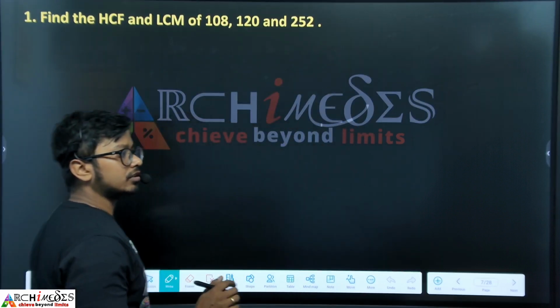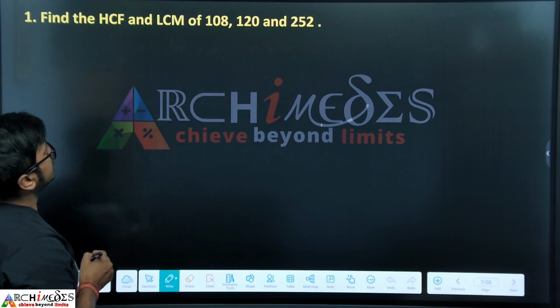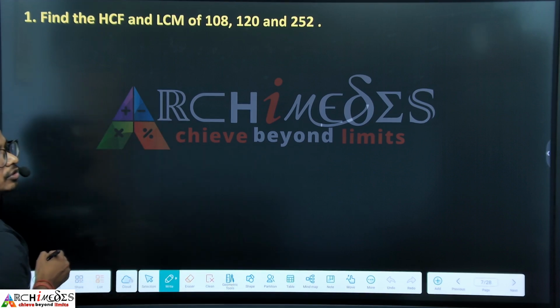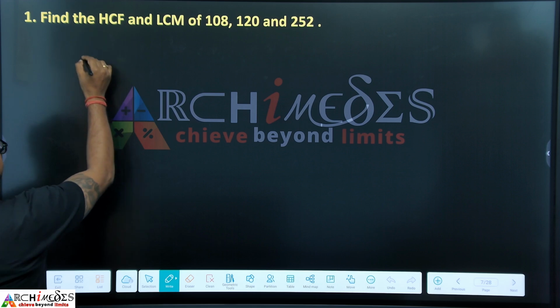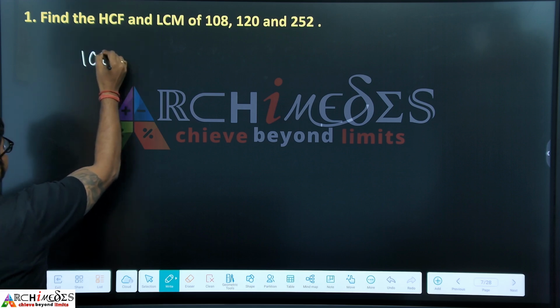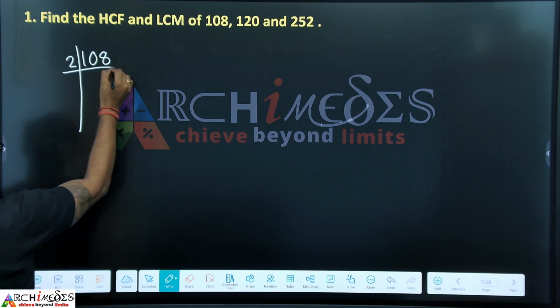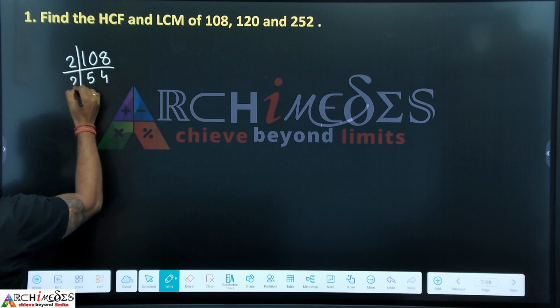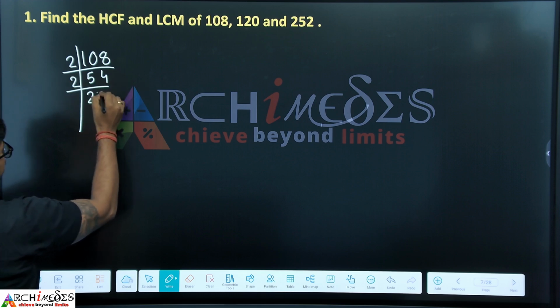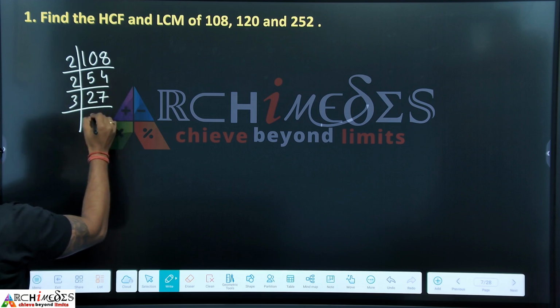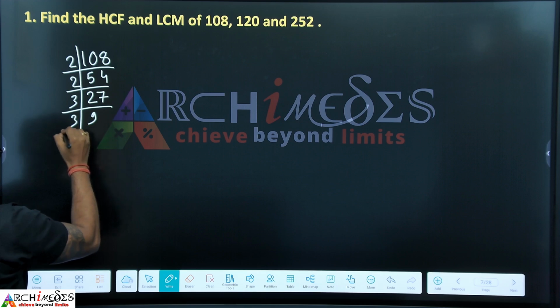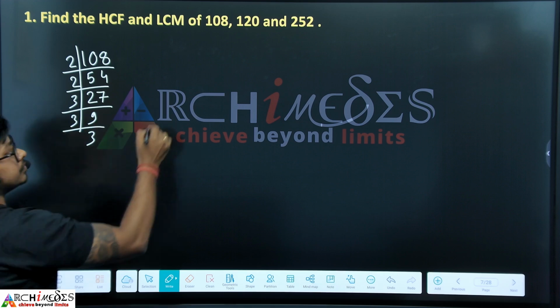Clear? So we're doing some questions here. There is 108, 120 and 252. So let's find the prime factorization. 108: 2 into 54, 2 into 27, 3 into 9, 3, 3. Am I clear?